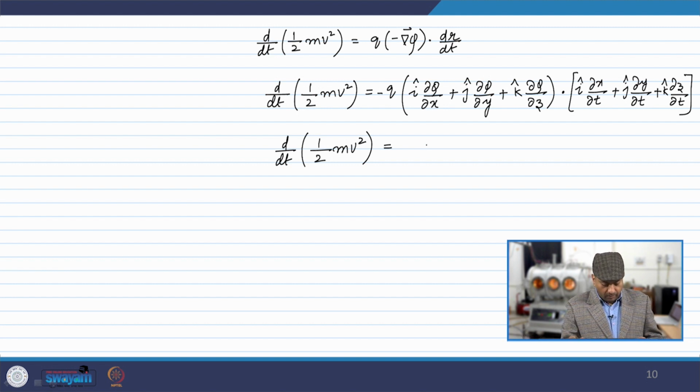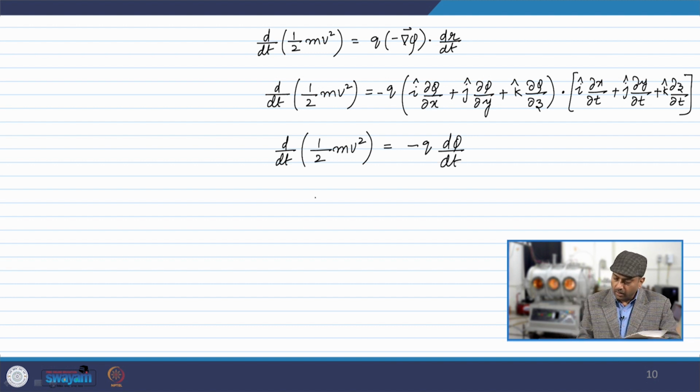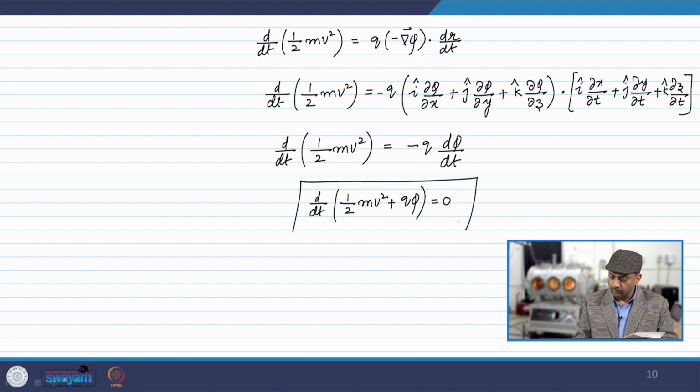So, we will have minus q times d phi by dt, or we can write d by dt of half mv square plus q phi is equals to 0.